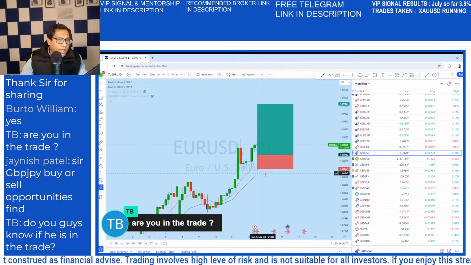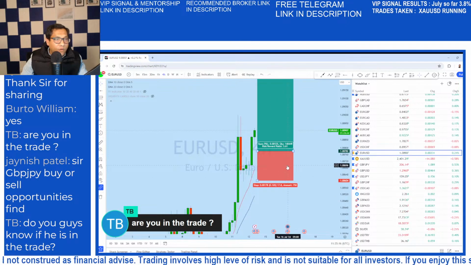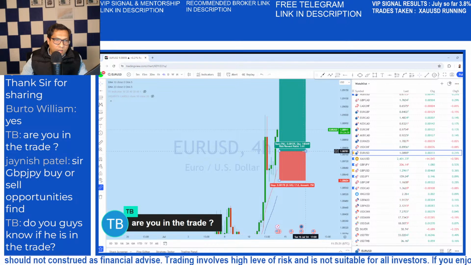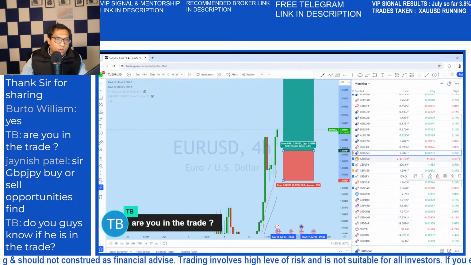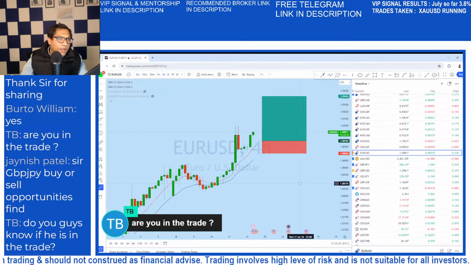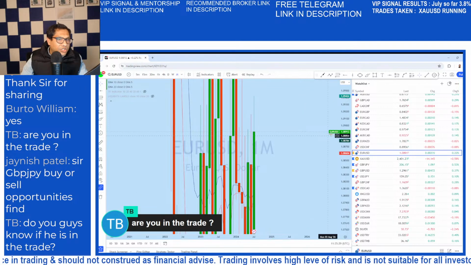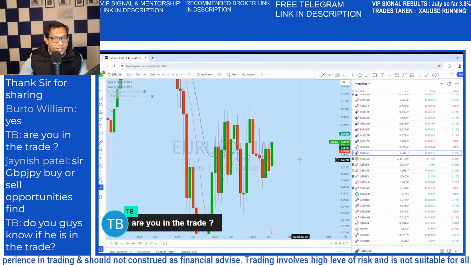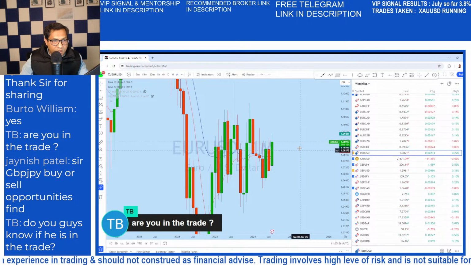Now on euro dollar, we have seen there was a liquidity candle formation. Let me do the full analysis on euro dollar, and then we'll also discuss the trade, why I am long on this euro dollar. If we look at the monthly chart to see the overall picture in the market, we can see that from the monthly, euro dollar is a long term bull market.